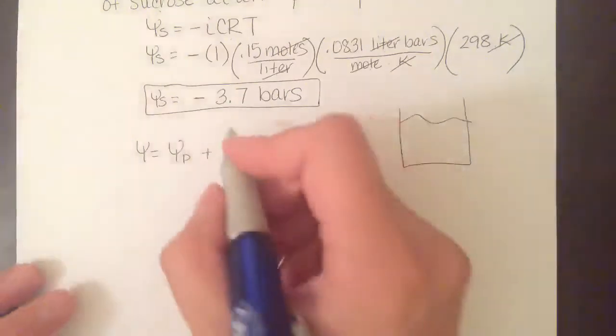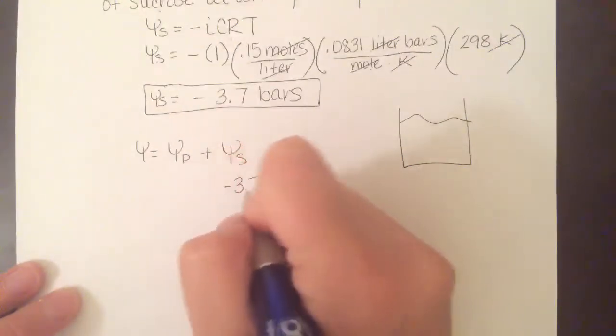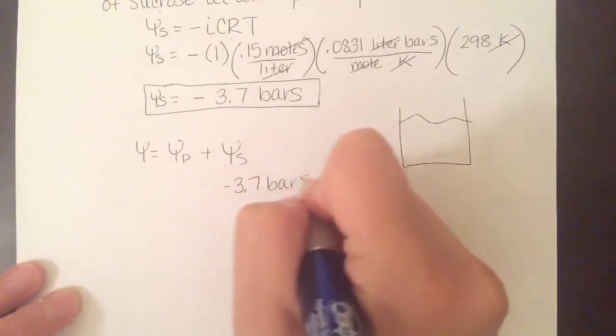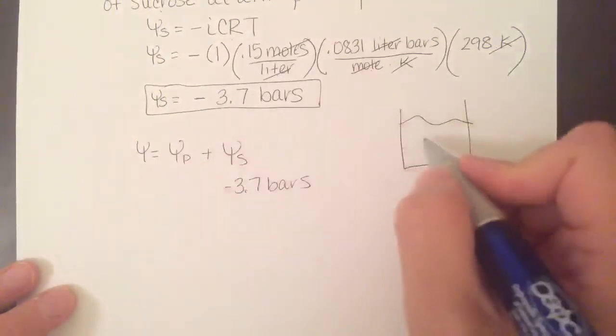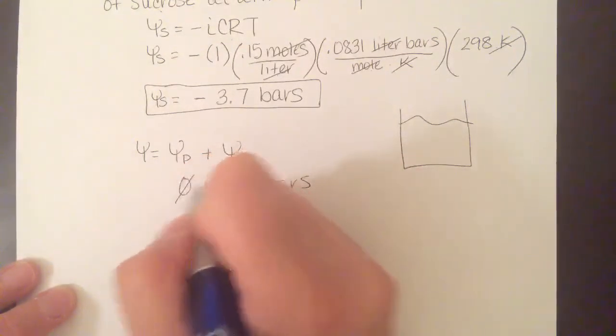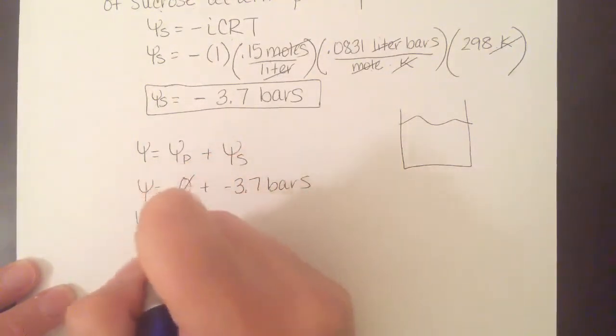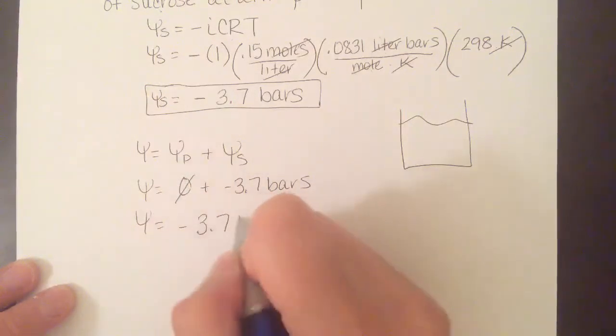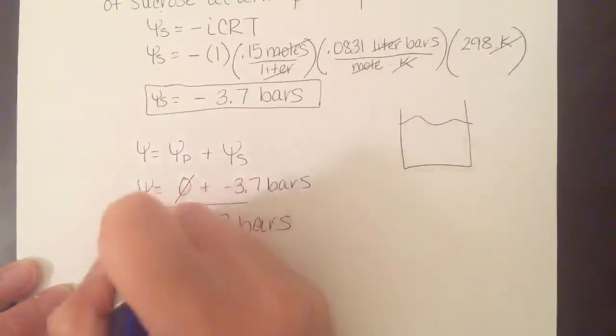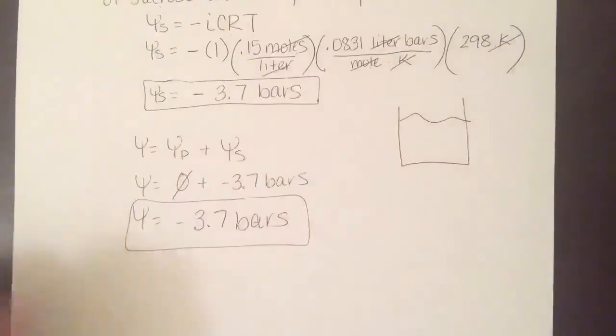Well, we know our solute potential is negative 3.7, and our pressure potential, if it's open to the atmosphere, is 0. So your water potential is going to be the same as your solute potential because it's open to the atmosphere and there's no additional pressure. All right? And that, my friends, is water potential.